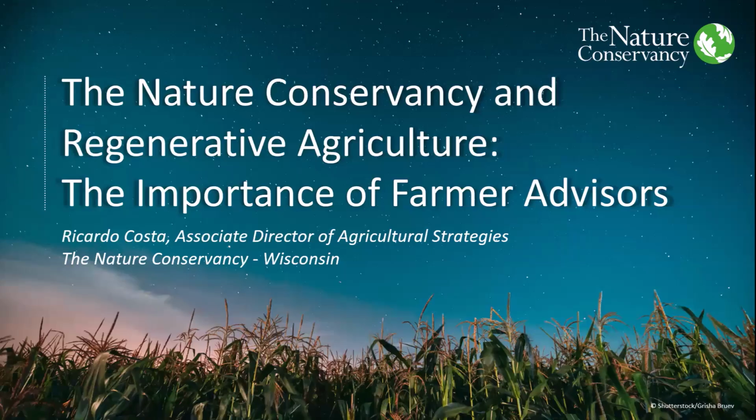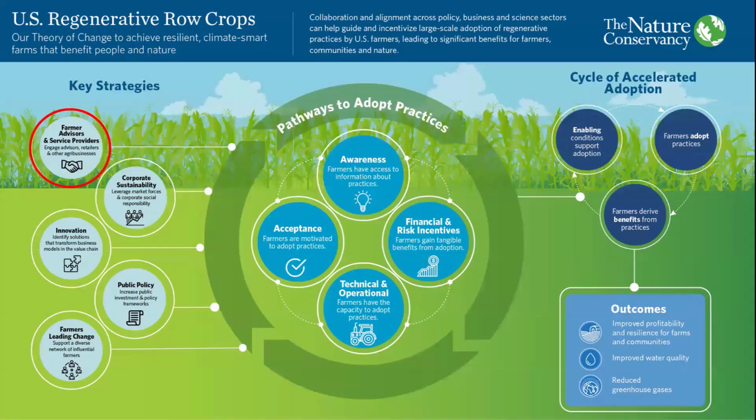So to begin with, I don't know if you know, but TNC is very famous for pretty much buying land and protecting land. We have been doing that for the past 50 to 70 years, but we do realize that takes time and money, right? So we have a goal for 2030 where we wanted to enhance 50% of the row crop acres in North America.